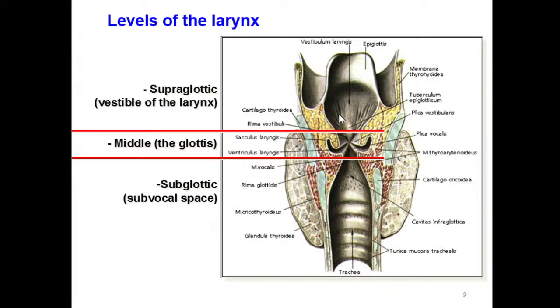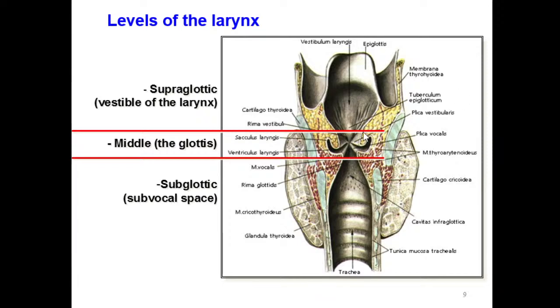And you can see that the larynx has a form of a sandwich. Here is a wide part, here is a wide part, and these two wide parts are connected with a very narrow vocal rim.